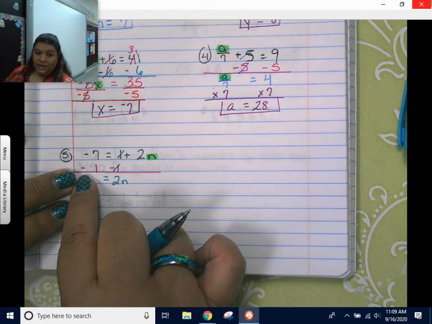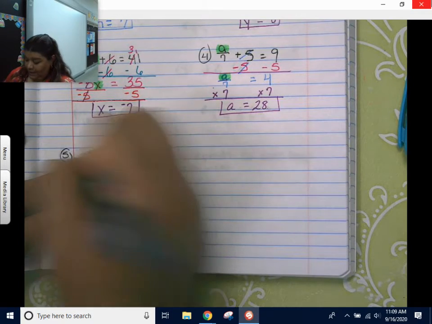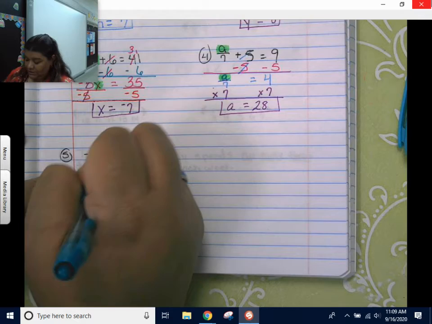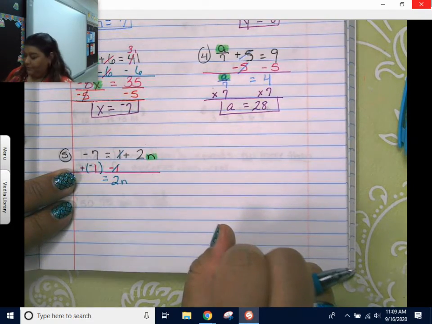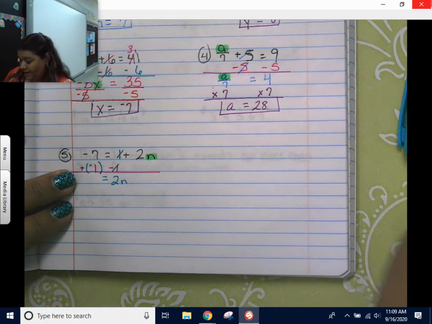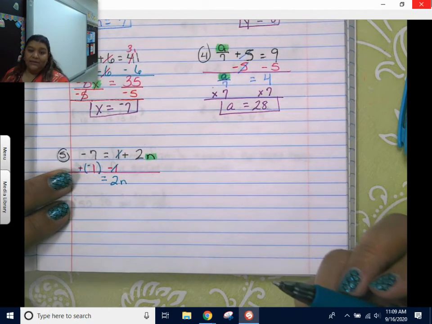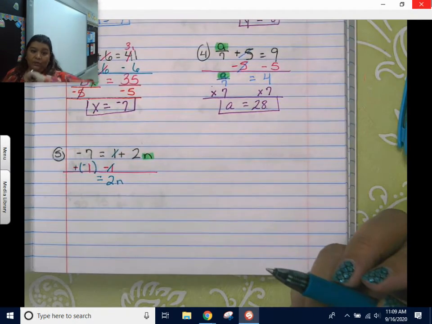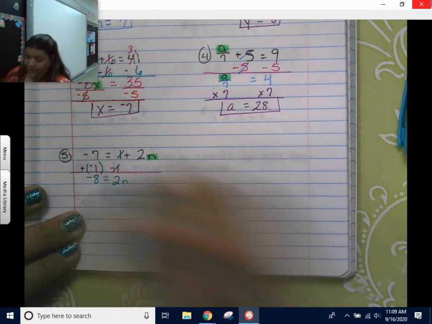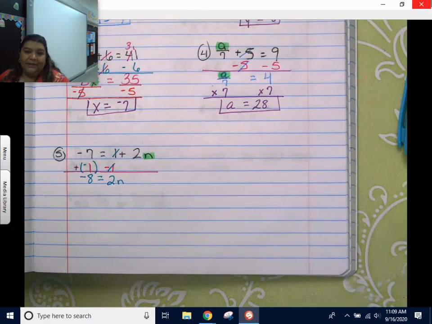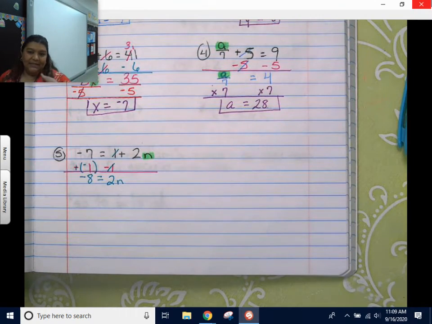The subtraction sign changes to what? Addition. And because you change subtraction to addition, that second number changes to a negative. Good. So now we have -7 plus -1. So if you have 7 negatives, you add 1 more negative, we now have 8 negatives. Good. Okay, see how math, everything's coming together.